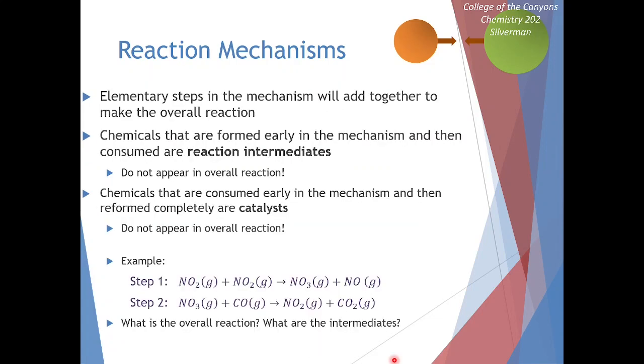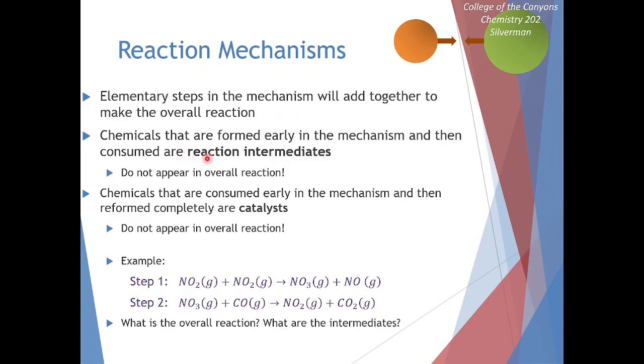All right, so our mechanism is composed of elementary steps where we can know the rate law for those elementary steps. Our mechanism has a series of steps that must add together to form our overall reaction. Right? If you add up all the steps in your mechanism, you should be left with the overall reaction that you care about.